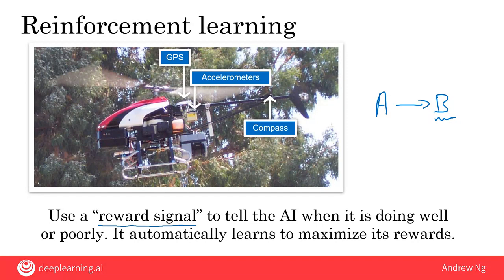And it's the AI's job to then automatically learn to behave so as to maximize the rewards. So good dog corresponds to giving you a positive number, and bad dog or bad helicopter corresponds to you giving it a negative number, and then the AI will learn to get more of the behaviors that result in large positive rewards.